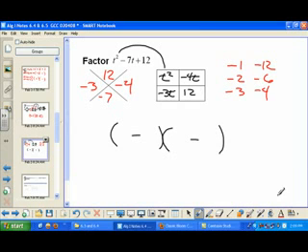Here, I can factor out negative 4 as my greatest common factor. Here, my greatest common factor is a t, and a negative 3. So I get t minus 3, t minus 4, like that. Questions?